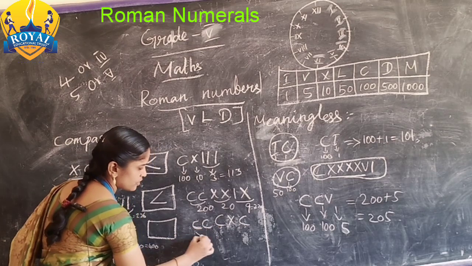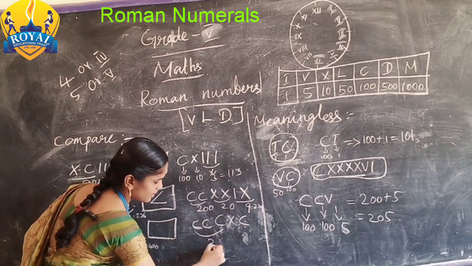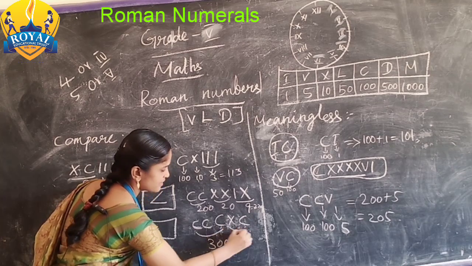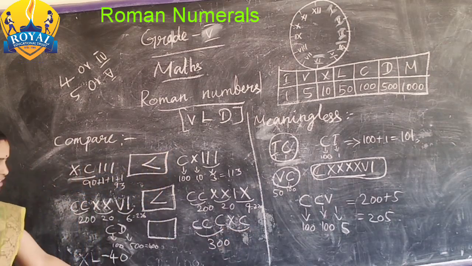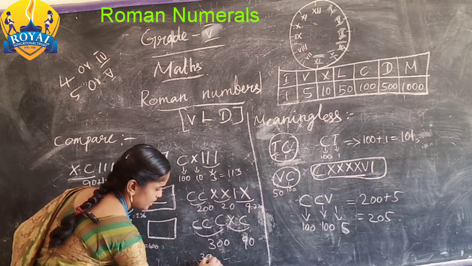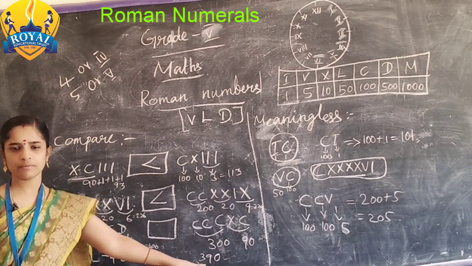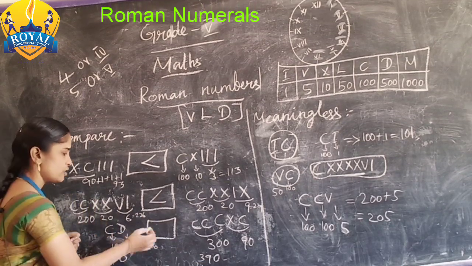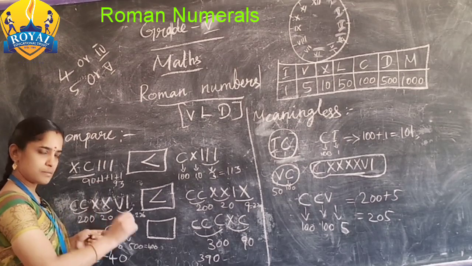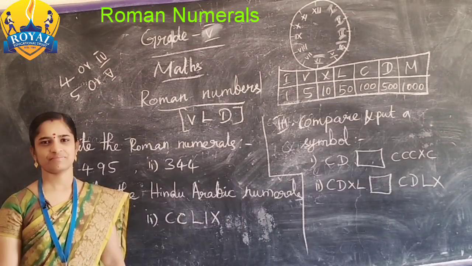Here CCC, C indicates 100, so we get 300. And XC means 90. Yes, we get 390. Which one is biggest, 400 or 390? Yes, 400. So we put the symbol greater than. Okay student?